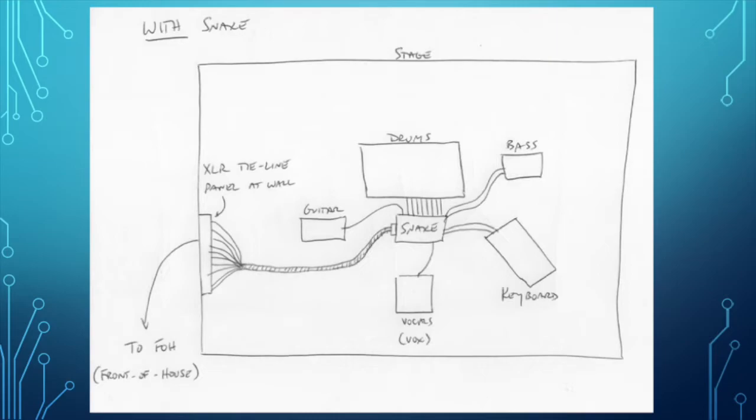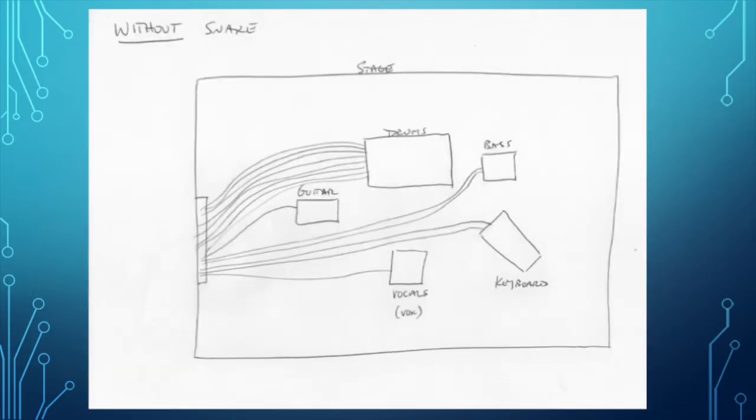Even though the drawing I made without the snake is cleaner than it would typically look on stage, if you were just running cables straight from your mics to one of those wall panels, it just introduces more tripping hazards. You're going to have to tape down a lot more cables, so you're going to use up a lot of tape, which then at the end of the night you have to rip all that tape off the ground.